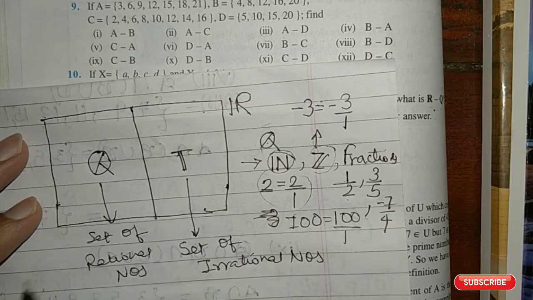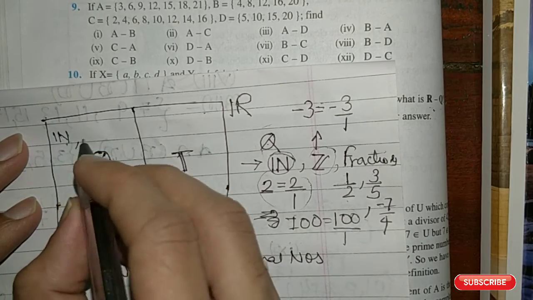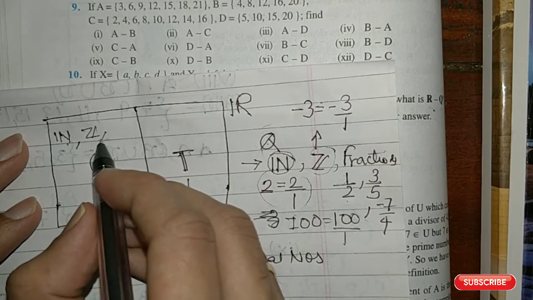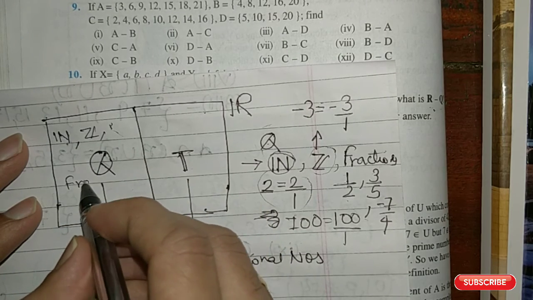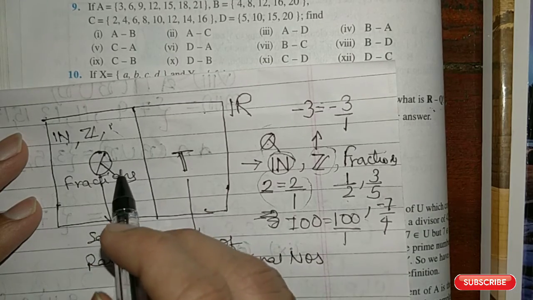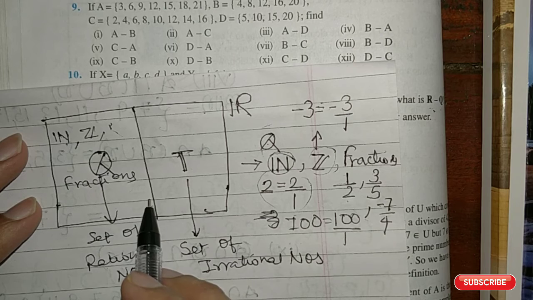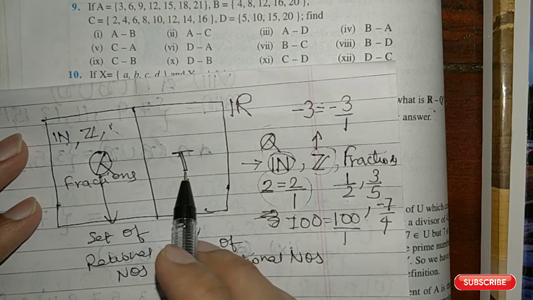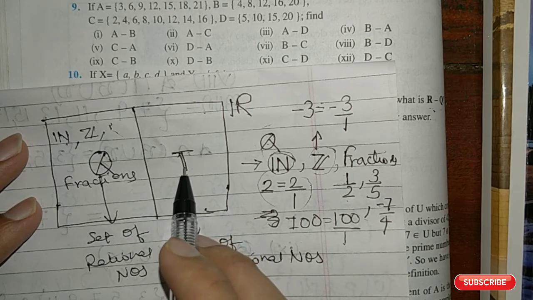This Q has natural numbers, integers and fractions, so these are all in the rational numbers. Only the elements which are not in the rational numbers are the irrational numbers.